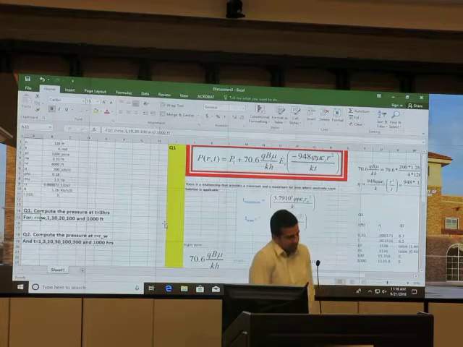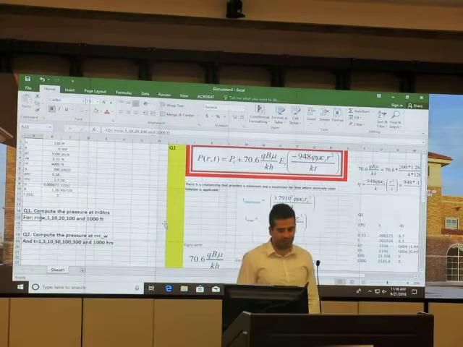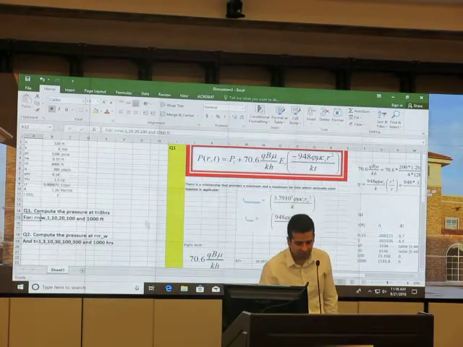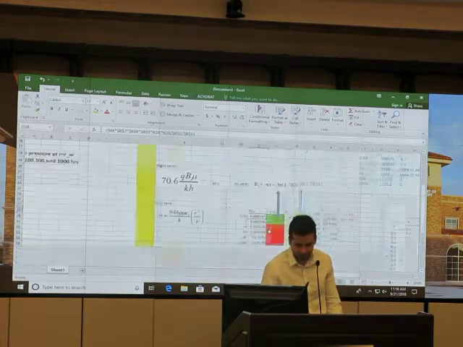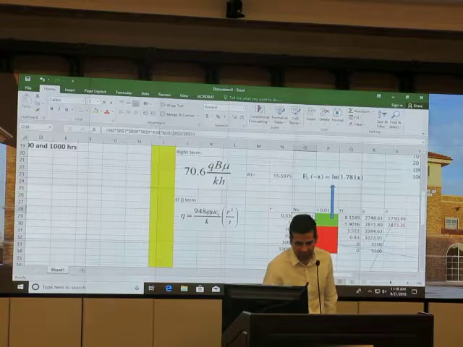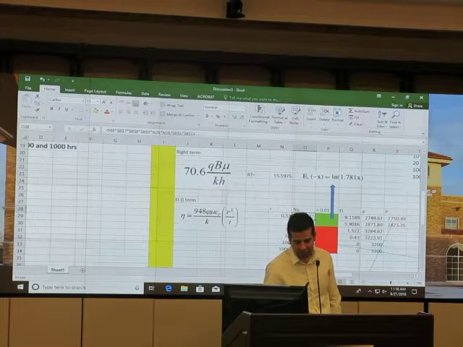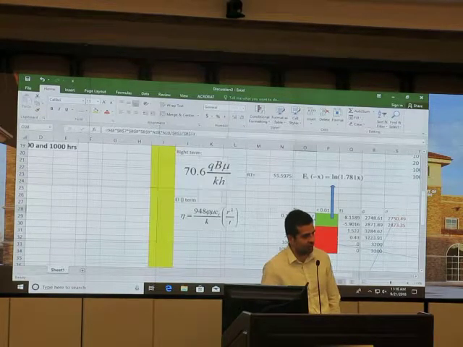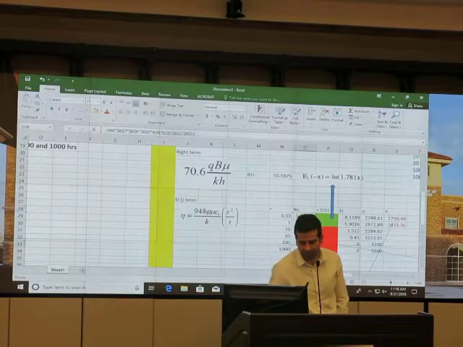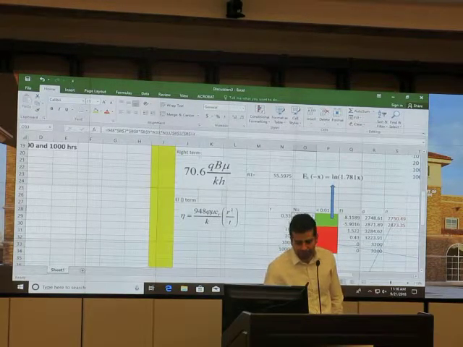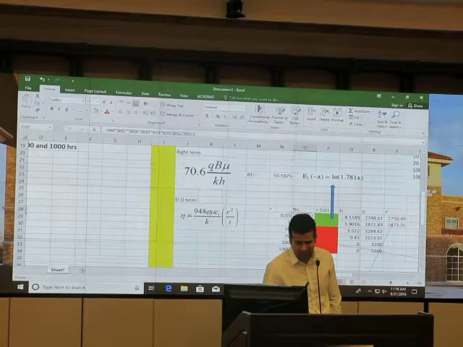RW, okay? It is obvious that when you have RW, it should be lowest. And you can see here, mu is lowest at RW, and it's incredibly large when you are far away from your well. So you have these two values.